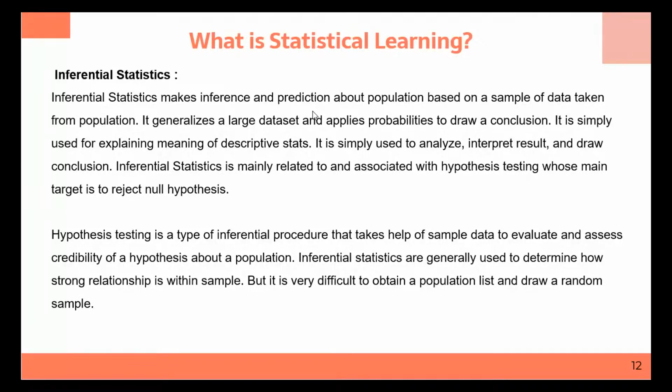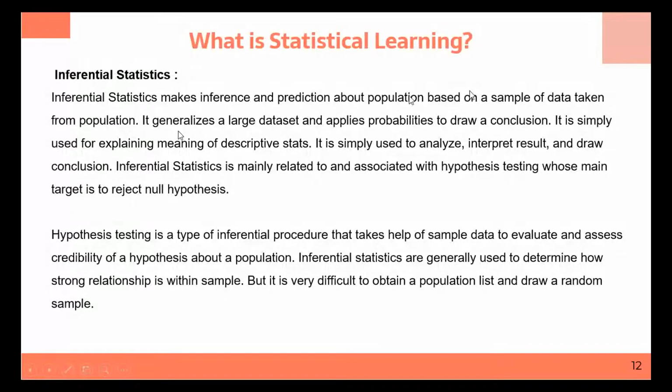Okay, so that way we say inferential statistics, which is going to give you the inference or help in making decisions. Inferential statistics makes inference and prediction about a population, which is a data set or any group of people or persons or an object, based on a sample of data taken from the population.